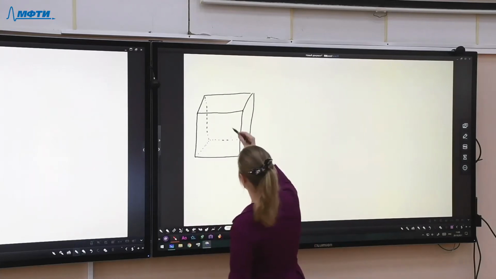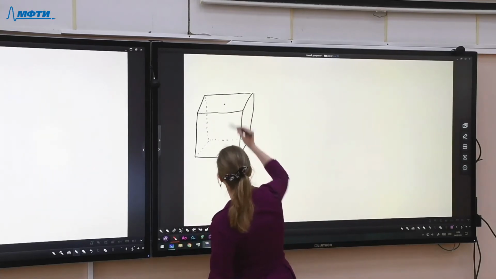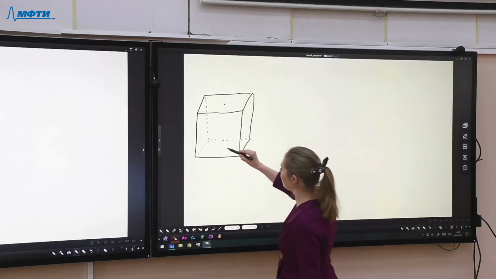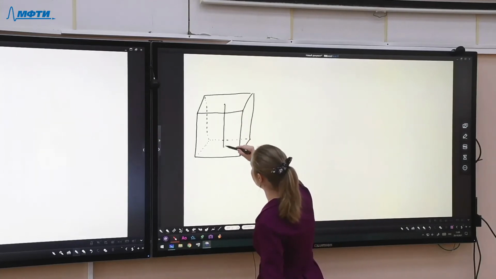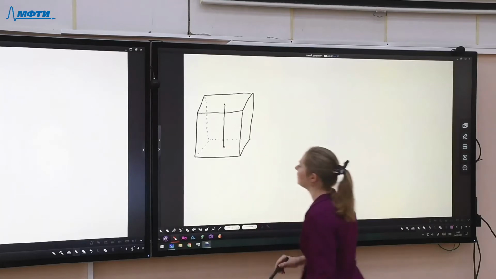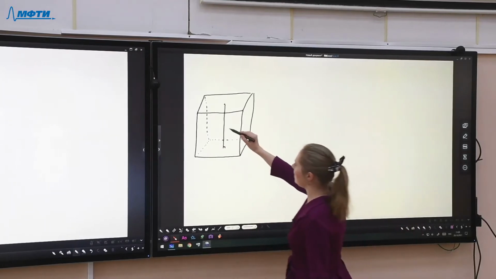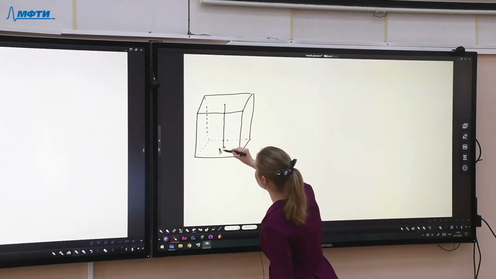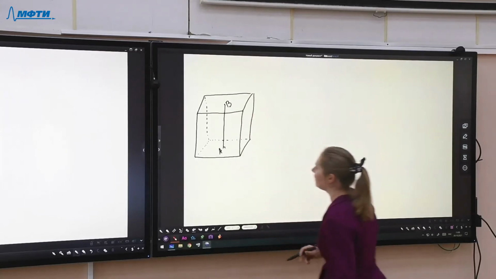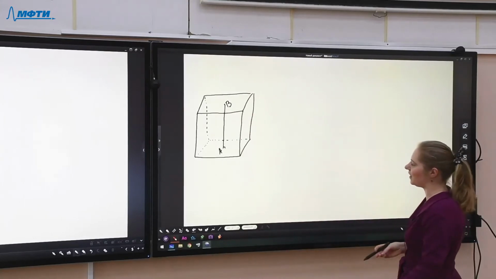So this is a perpendicular. Let's take a point here and drop a perpendicular to the second plane. And if this AB, this perpendicular, is parallel to the faces, we can say that this is a right prism.